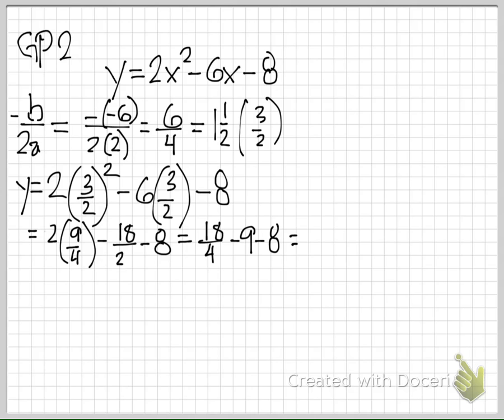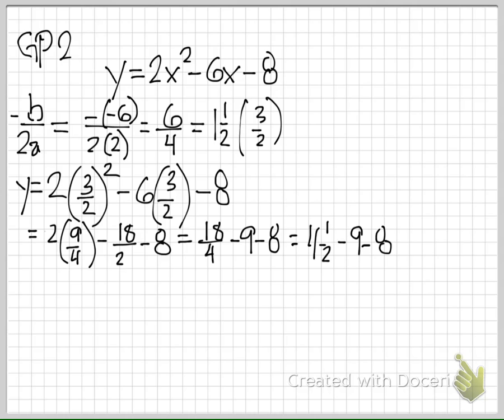18/4 is 4 and 1/2 minus 9 minus 8. So this is going to be the tricky part. Negative 9 minus 8, that's going to be negative 17. 4 and a half, minus 17.